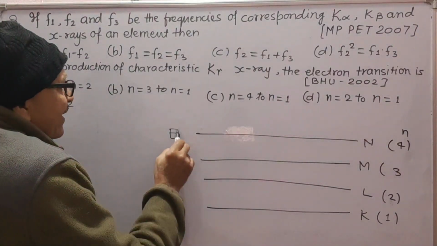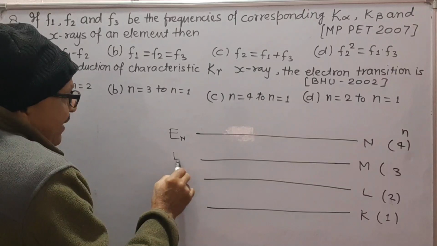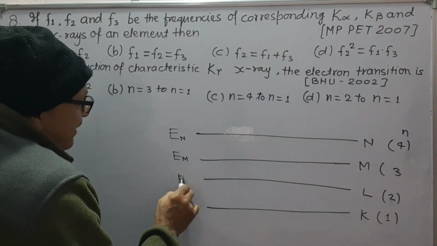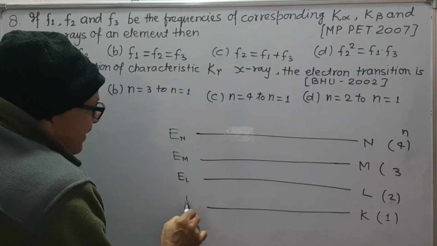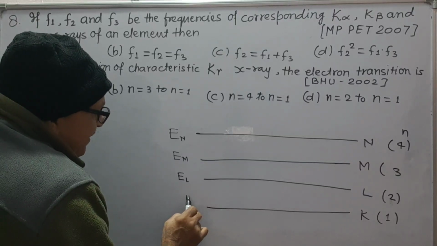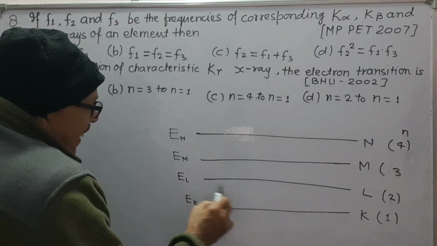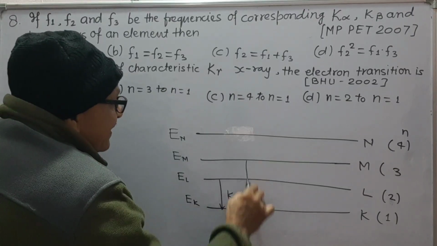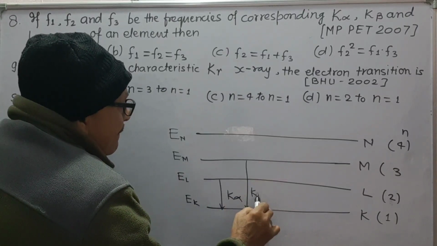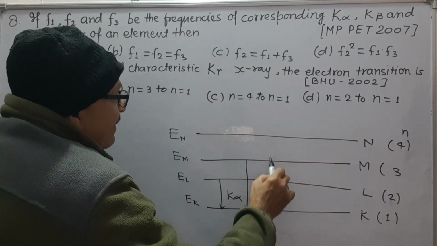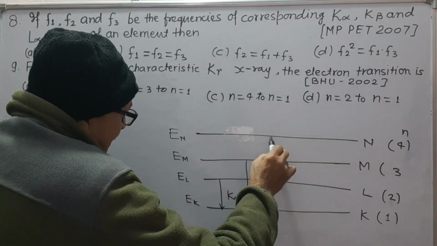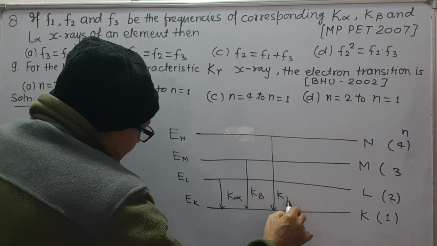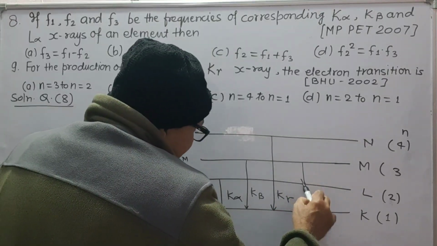Energy of N is En, energy of M is Em, energy of L is El, and energy of K is Ek. Now this is K alpha, this is K beta, similarly this is K gamma, this is L alpha.